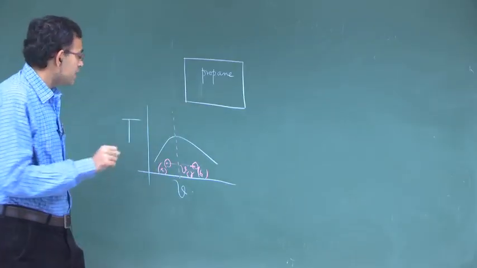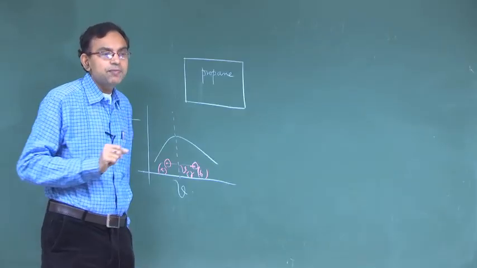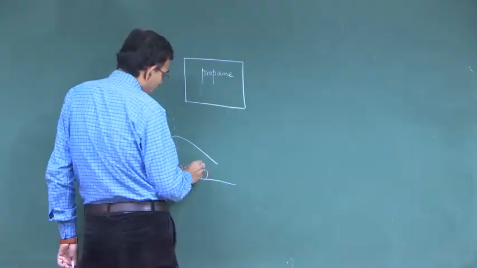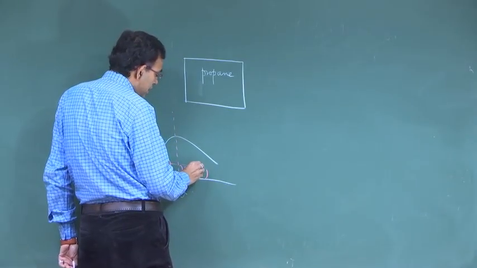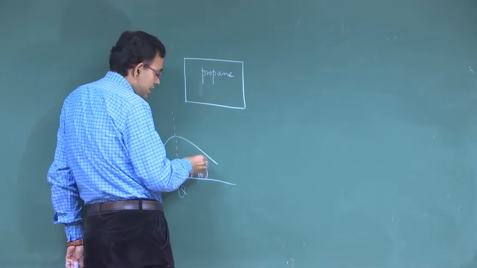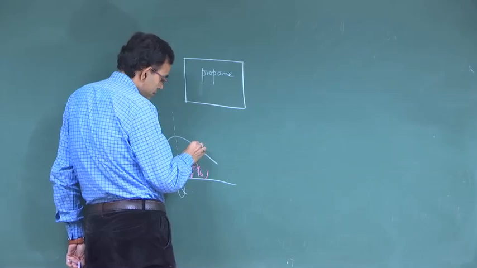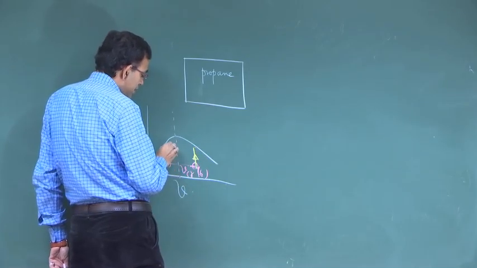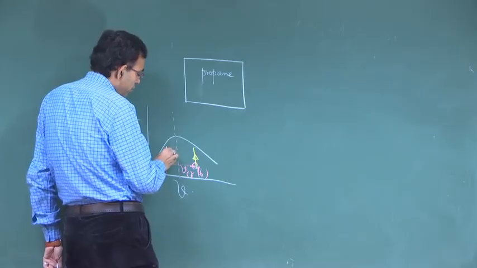So, the process here is a constant specific volume process. If now you heat this, its temperature will increase, it will move along this path, but if you heat here, it will move along this path.